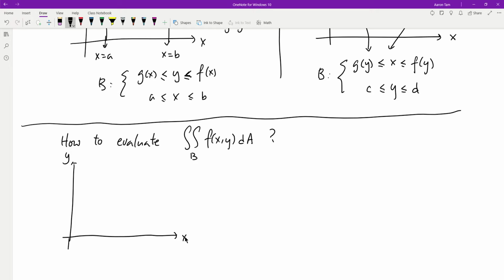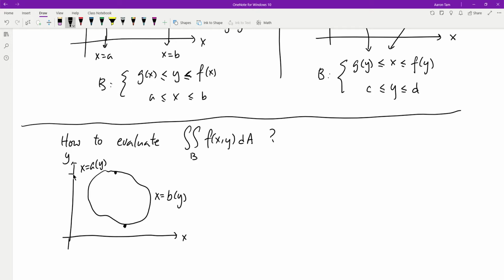How about we describe B this way? Let's say we have B, and B is the gap between these two curves. One is on this side, x equal to b of y, and this side is the curve x equal to a of y.